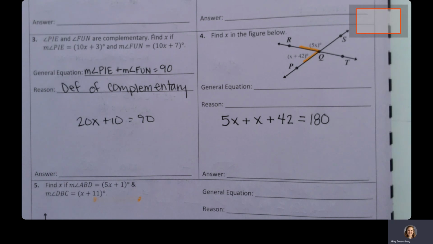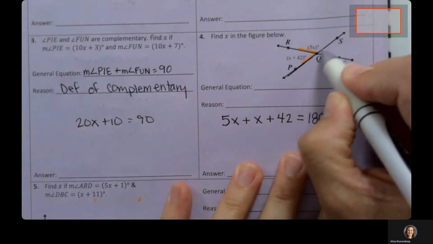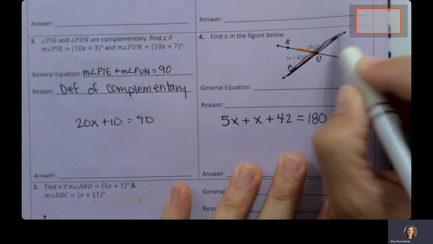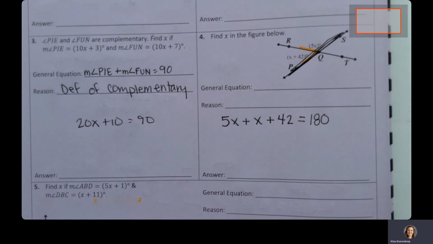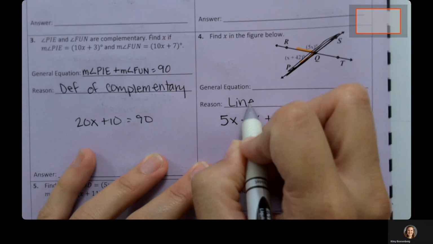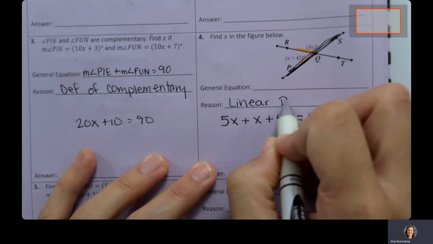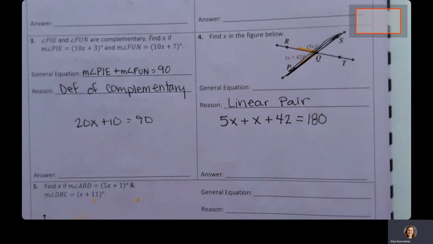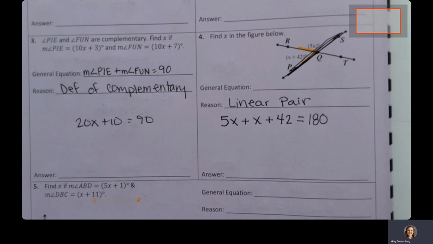Okay, then what is this? That is the one that we talked about yesterday, and it is a pair of angles. There's two of them. It's a pair of angles that makes a straight line. So the name for that is linear pair. And because it's not definition of, it's a theorem.